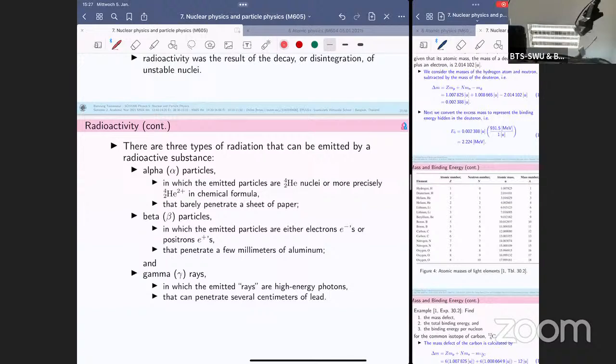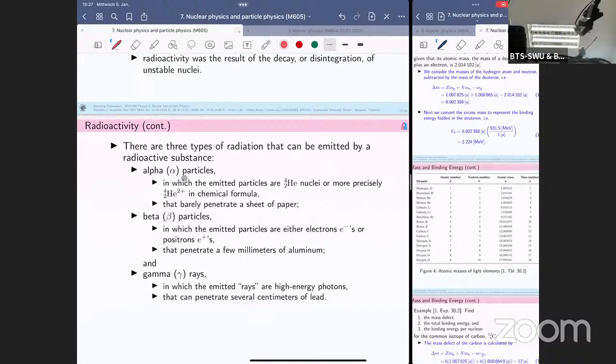Alpha particle is the particle known as helium-4 with the superscript 2+, this 2+ here, which means we throw away 2 electrons.